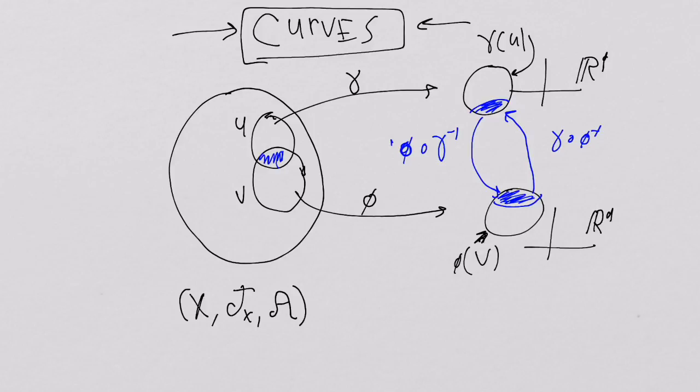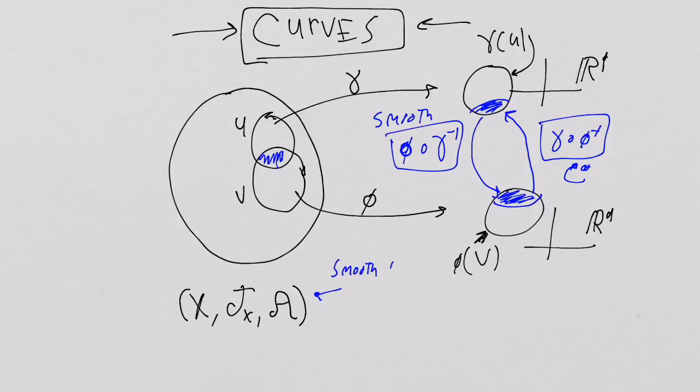But then I declare that these two things have a different property. I say they have an additional property of being C infinity, or smooth, infinitely differentiable, therefore they are smooth. They're smooth, and therefore this becomes a smooth differentiable manifold. So that's the final promotion.